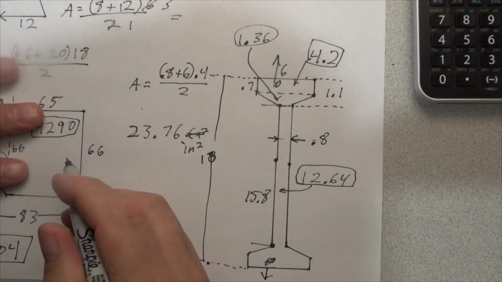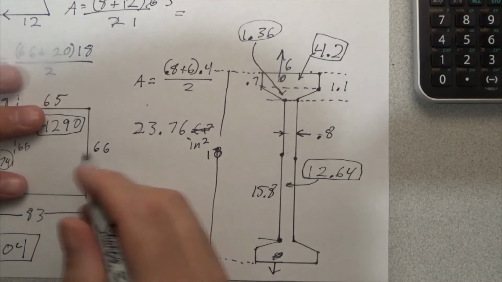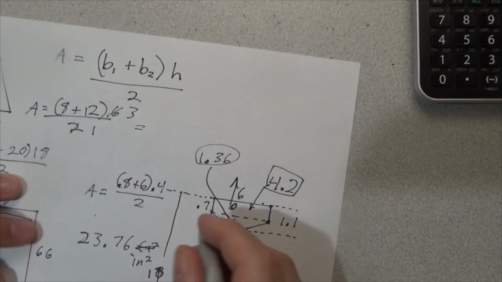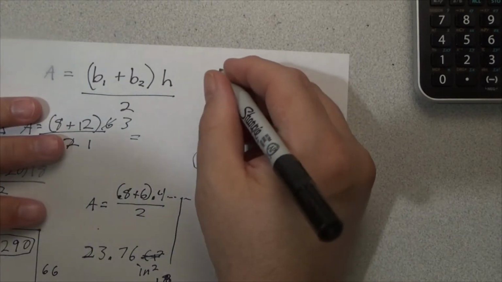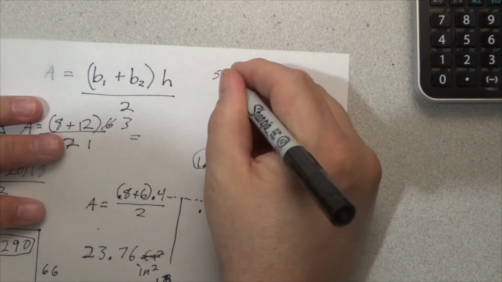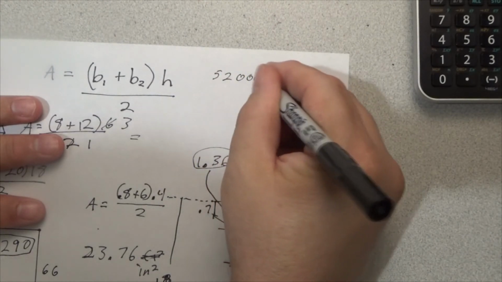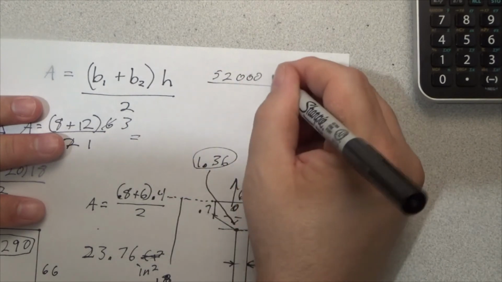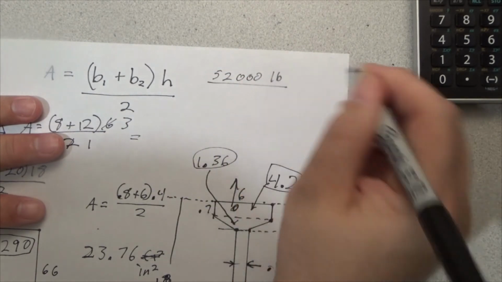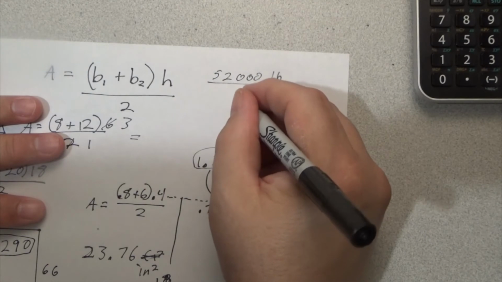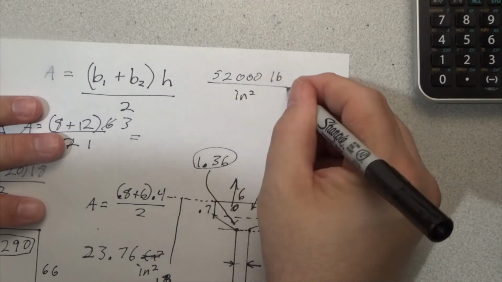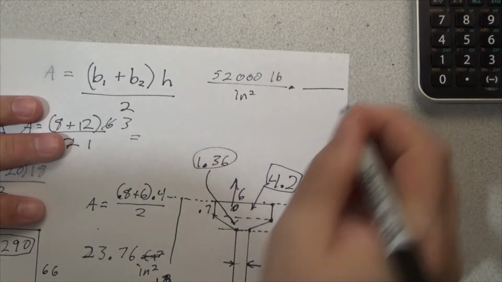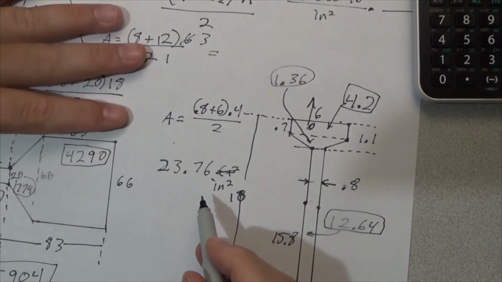So, 52,000 pounds per square inch. Let me write that up here. That's where I got room. 52,000, I'm going to write it this way, pounds per inch squared. And then I'm going to multiply that by what we have right here.